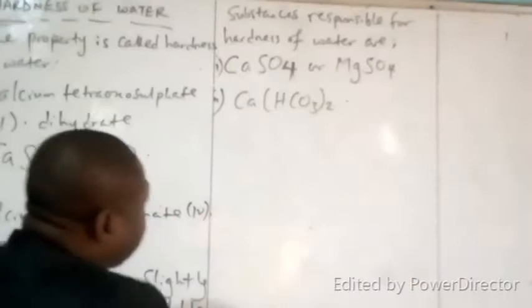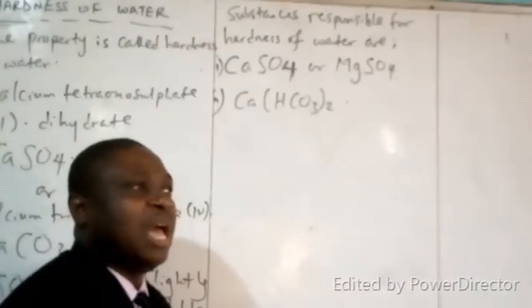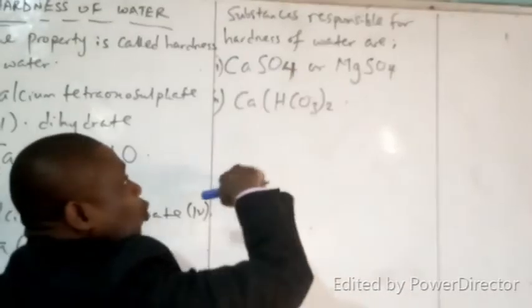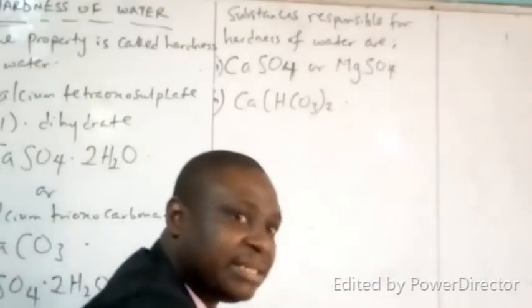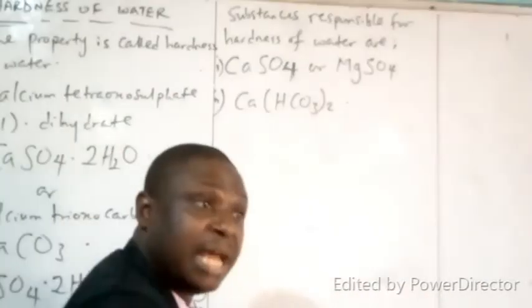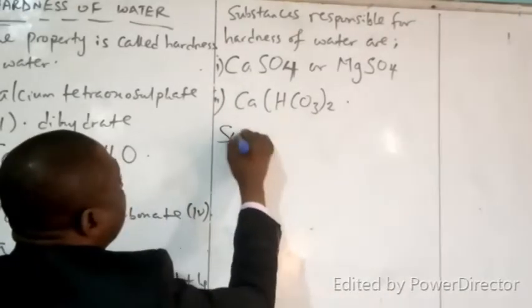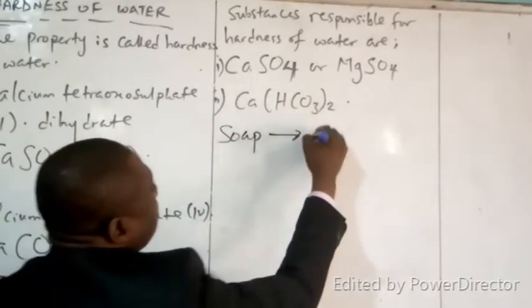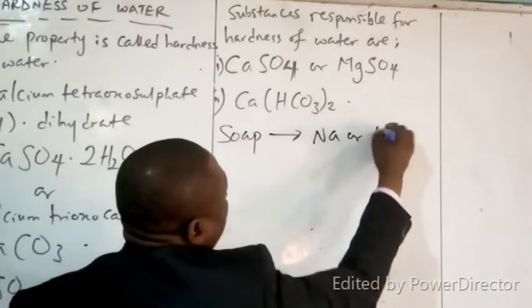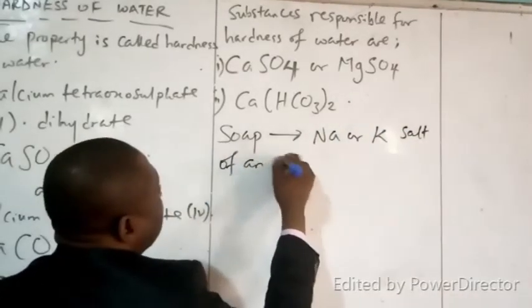Now, the essence of adding soap is that you want to remove the hardness-causing substance in that water so that your soap can form lather for whatever purpose you intend using it for. The soap is a sodium or potassium salt of an organic acid.